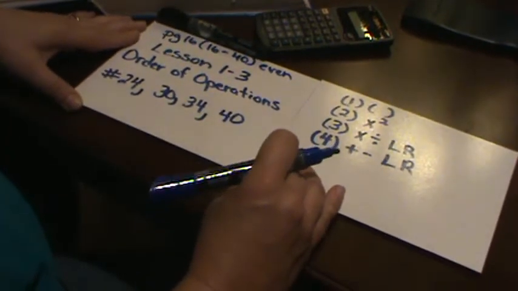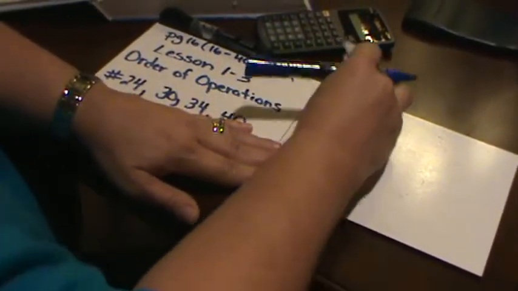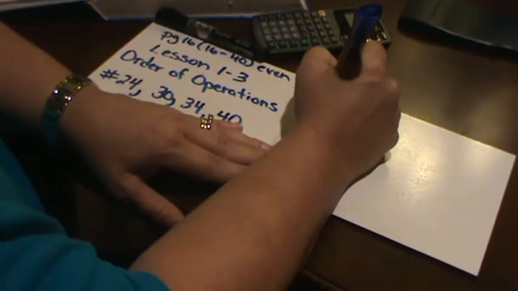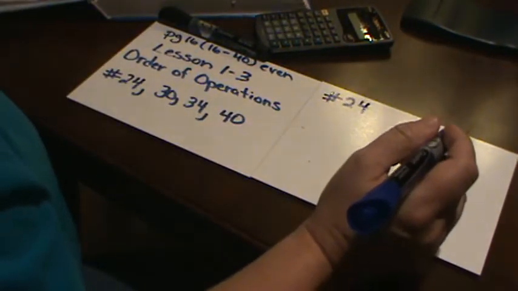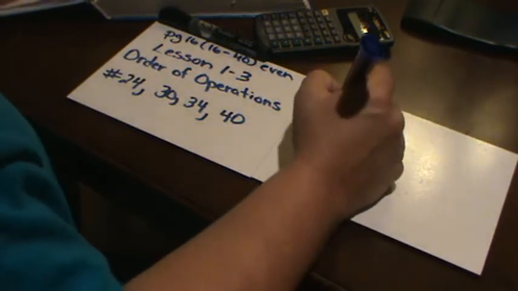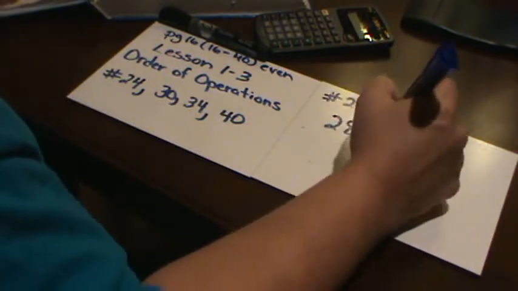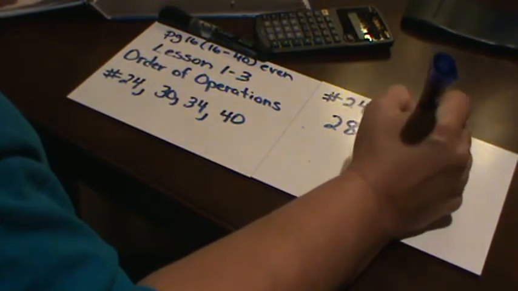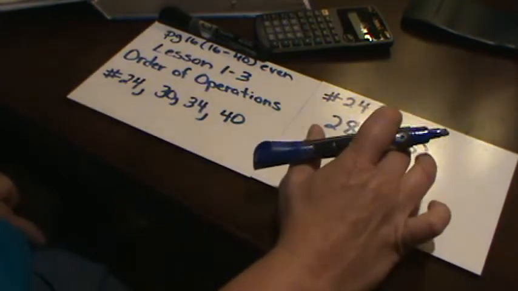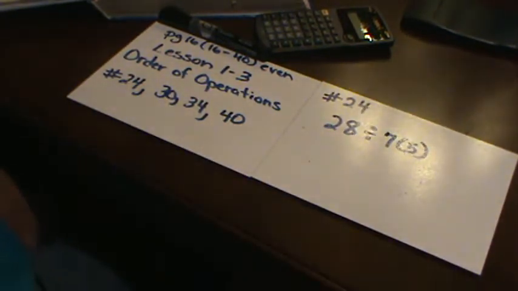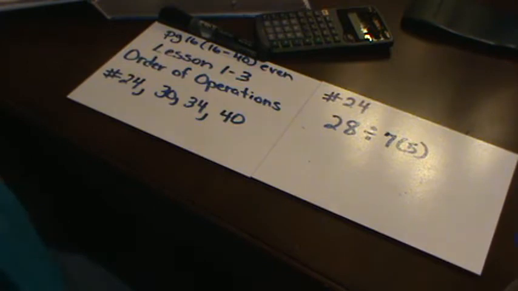Well, I have chosen 4 homework problems to do with you. The first one is number 24. And number 24 is 28 divided by 7, and then we have a parentheses and a 5. Well, that parentheses can be a little confusing because I told you the first step was parentheses, right?